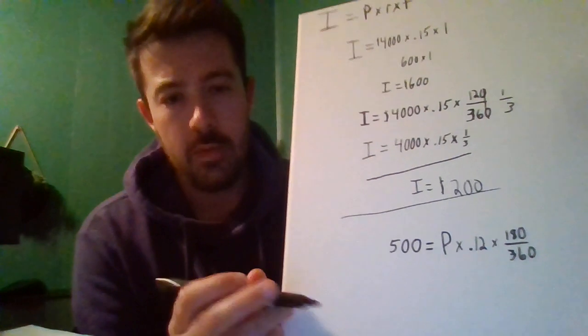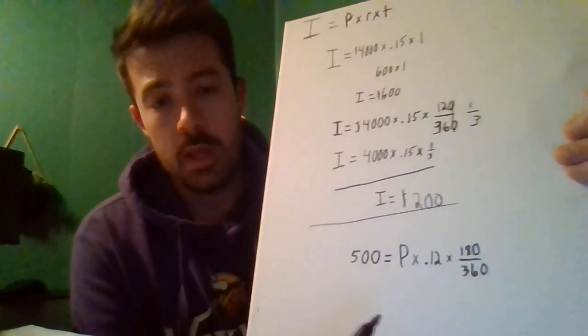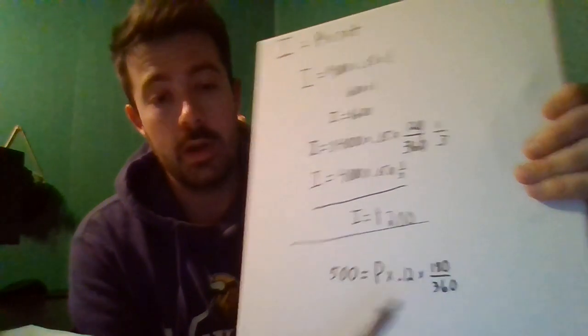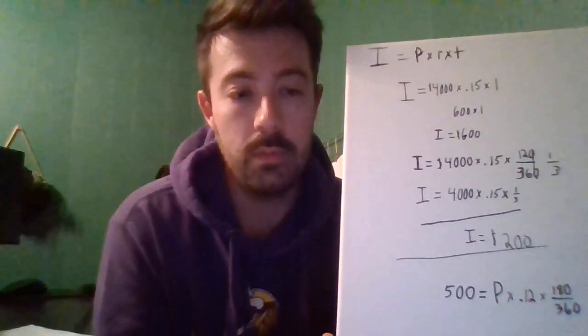So if you can see that, now we have 500, the interest, equals the principal, times rate, times time. So now we will turn this 0.12, or 12%, into a fraction. So we will have 12 over 100.